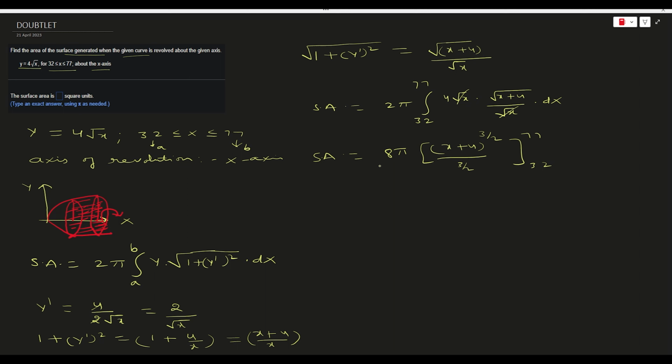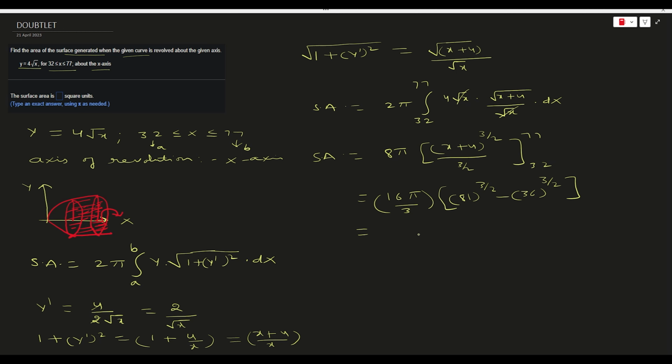So if 3 by 2 is taken out, it will become 16 pi divided by 3, and this will become 77 plus 4, that is 81, to the power 3 by 2, minus 32 plus 4, that is 36, to the power 3 by 2.